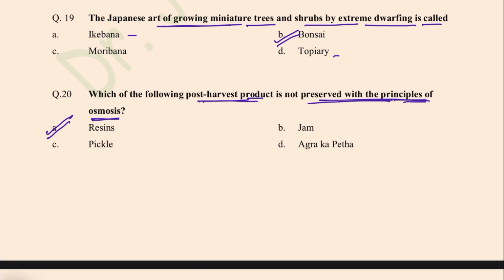The principle of high sugar concentration in jam and jelly to inhibit microbial growth is known as reducing food's water activity. The primary component of the brine solution used to preserve most pickles is sodium chloride, or common table salt.